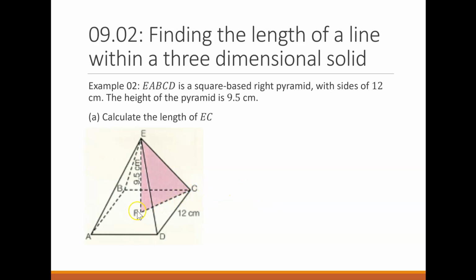So you could do CFD, that's a right triangle. Although that's a little tricky to know why that's a right triangle. Does anybody know why? Since the base is a square, I know that the diagonals of a square meet at a right angle.